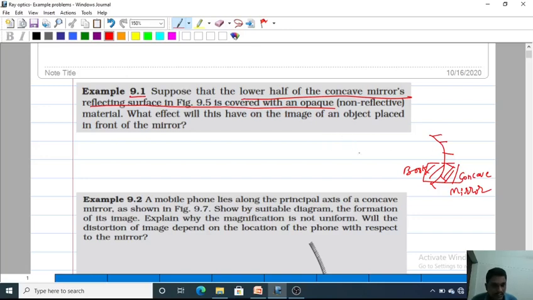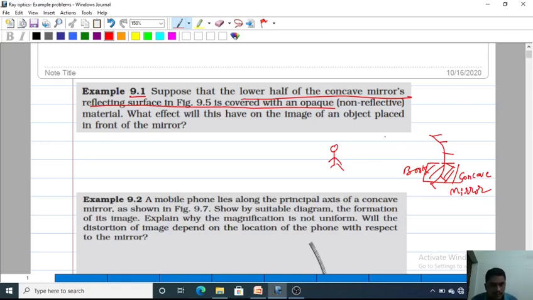Before you place any opaque object, for example, this is an object, some person standing in front of a concave mirror, he can see his image in the concave mirror.